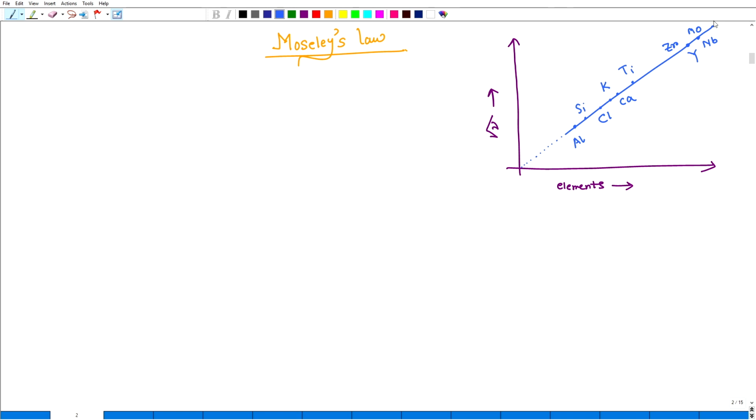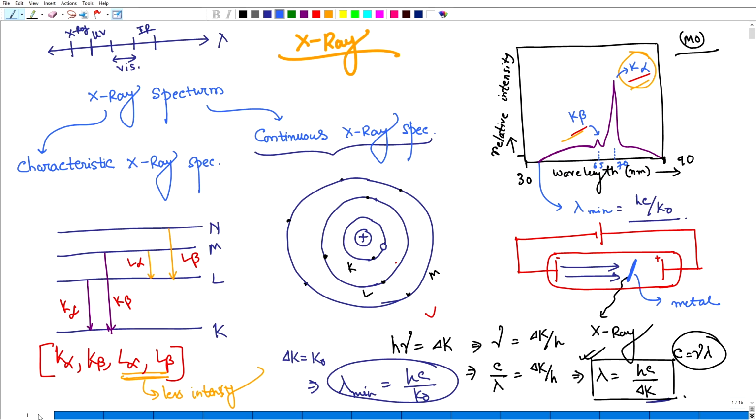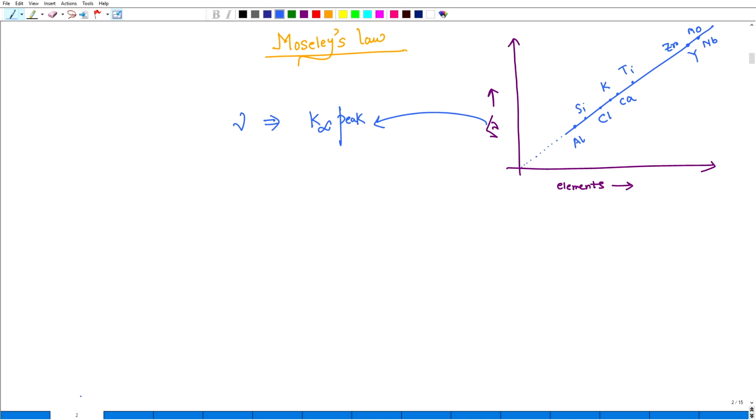What is the nu? Nu is the corresponding frequency of that k alpha peak. There are 4 peaks, so the k alpha peak is there. This k alpha peak is obtained for a certain wavelength, so we can convert wavelength into frequency. How? We just have to take care of this formula.